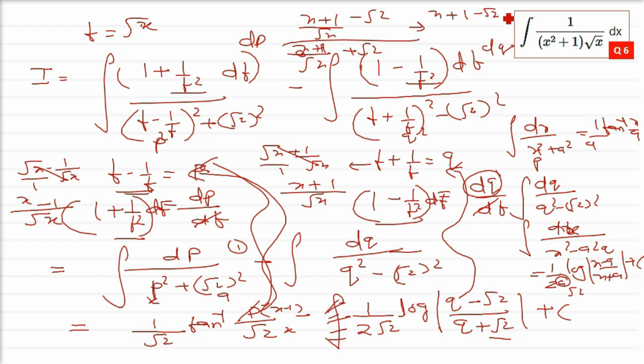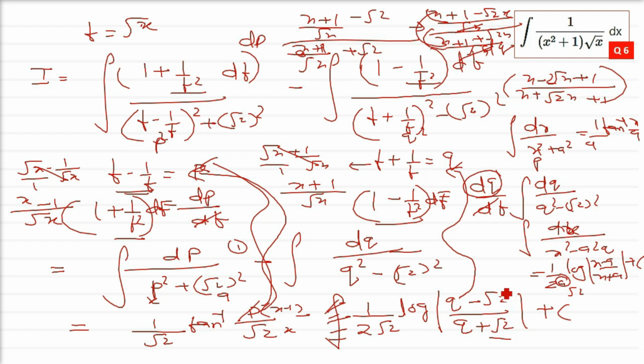x plus 1 minus root 2x divided by under root x will come, and the denominator will be x plus 1 plus root 2x. Let's cancel this out, and we write x minus 2 root x, swapping these two terms, and x plus 2 root x plus 1 here. We replace here.